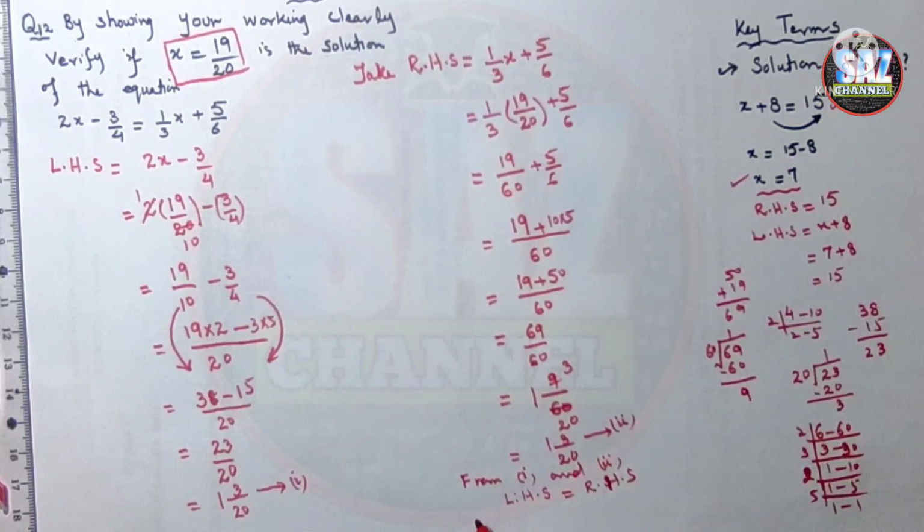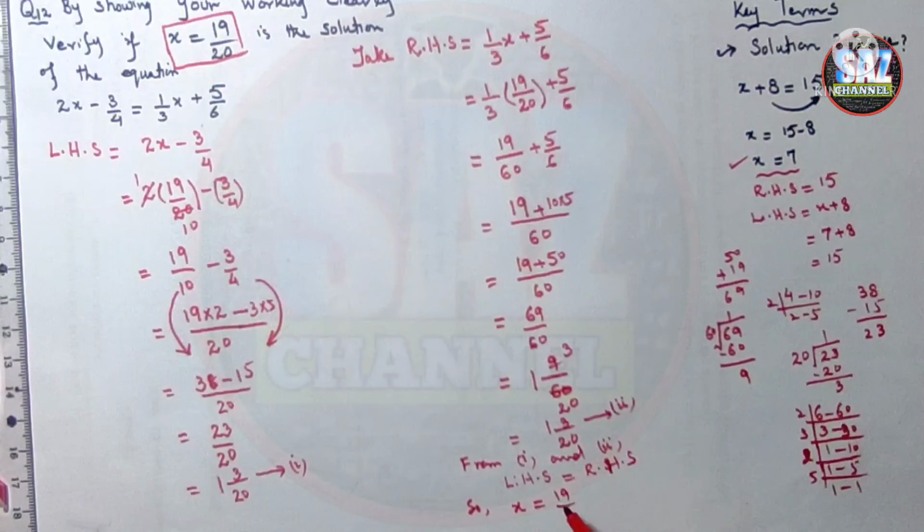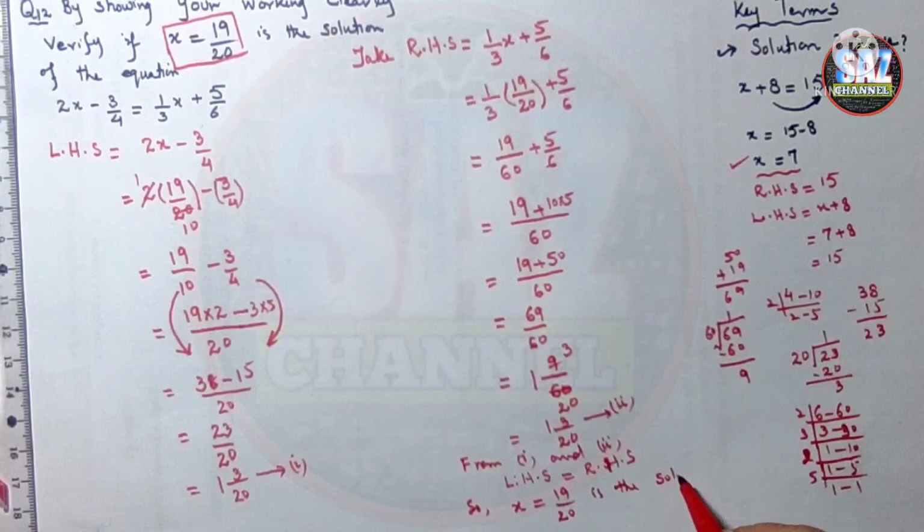It means that x equals 19 by 20 is the solution of the given equation.